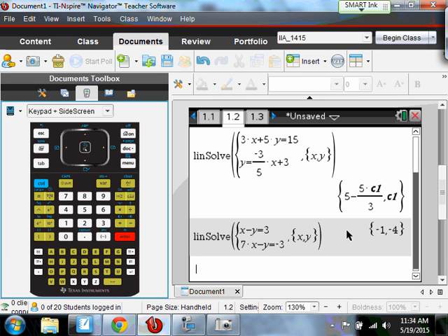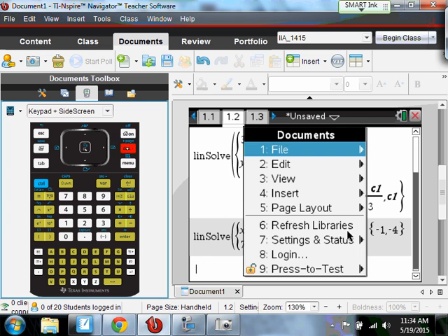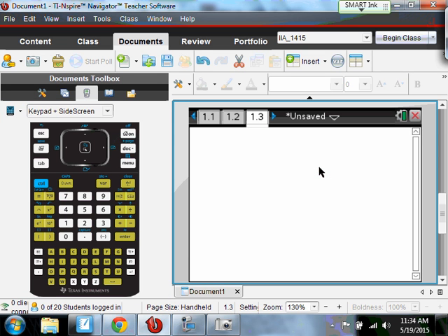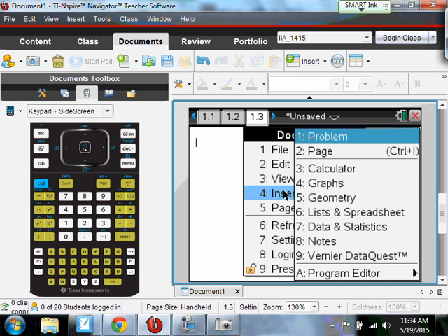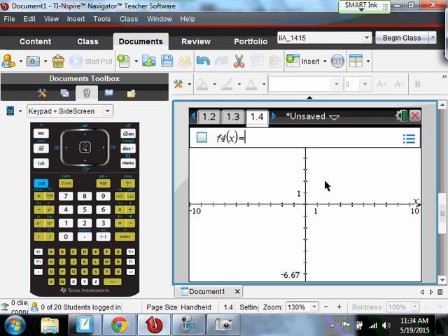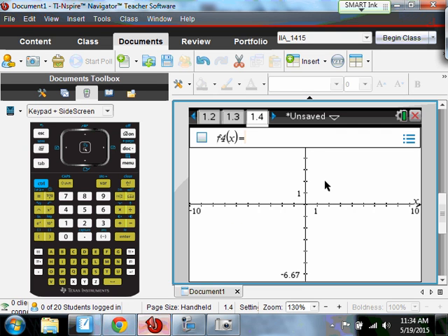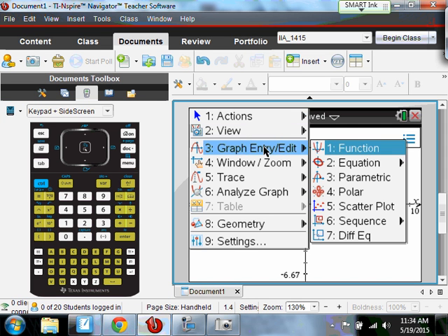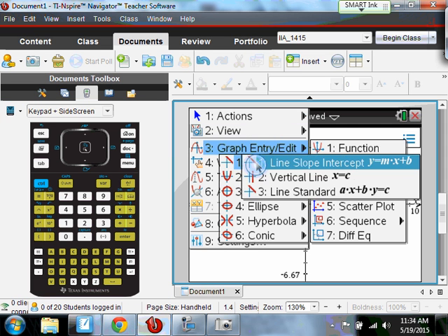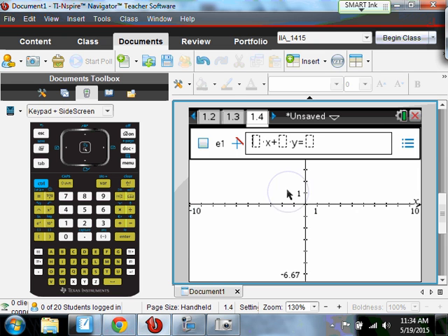On the graph, we would have to graph that. Whoops, I inserted a calculator page. I want to insert a graph page. So on the graph, we could graph both of those. And we'll do that real quick. x minus y is 3. So we want to go menu, graph entry. It's an equation. It's a line. It's standard form.